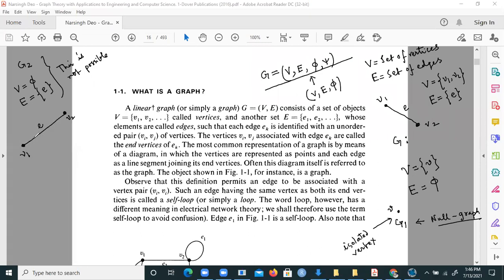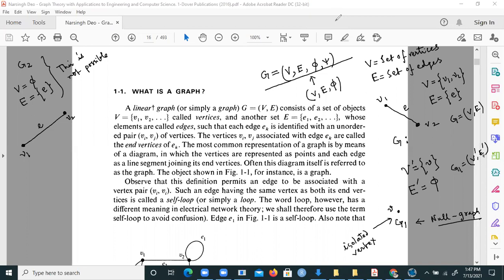So an edge is always associated with two vertices, and therefore this type of graph is not possible. In a graph, the vertex set can never be an empty set. Here you can consider the graph to be an ordered pair V and E. You can consider the graph G1 to be the ordered pair V prime and E prime. So G and G1 are two different graphs. G2 is not at all a graph.